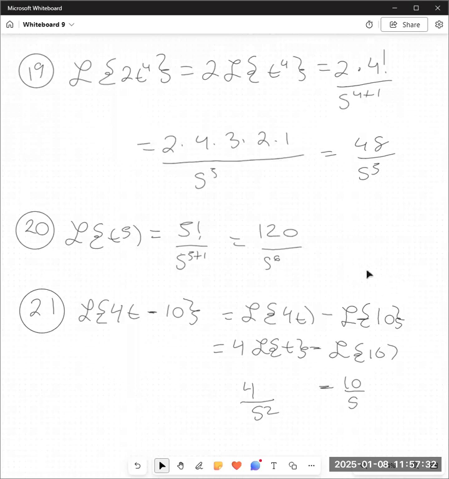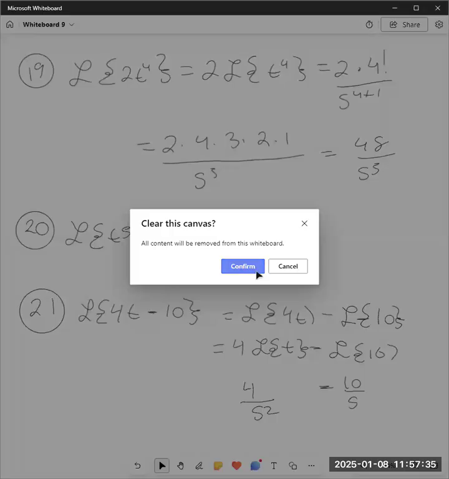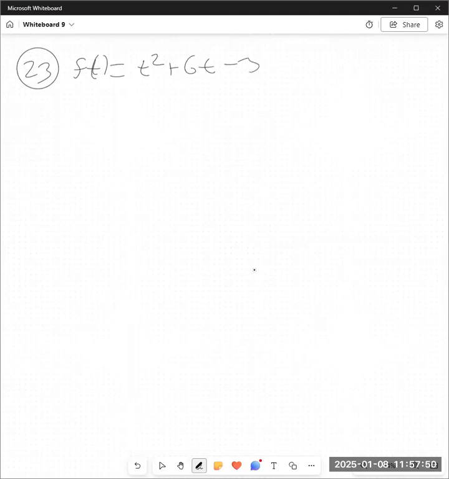Let's go ahead and look at number 23. That's f of t is equal to t squared plus 6t minus 3. So we want the Laplace transform of this.